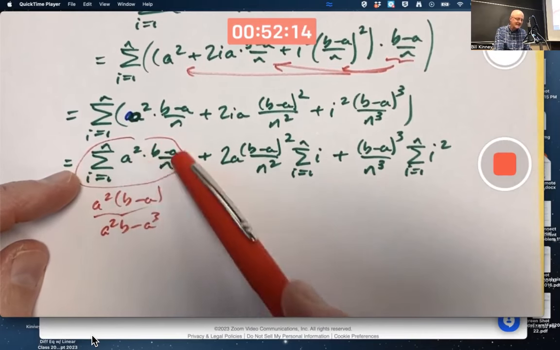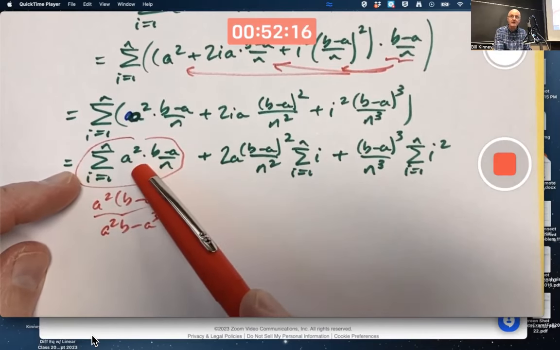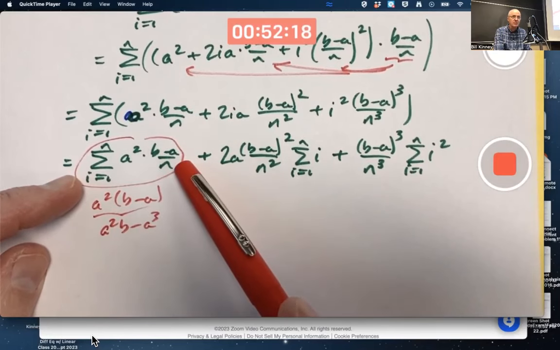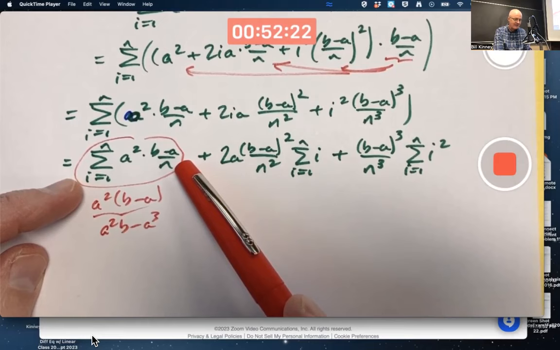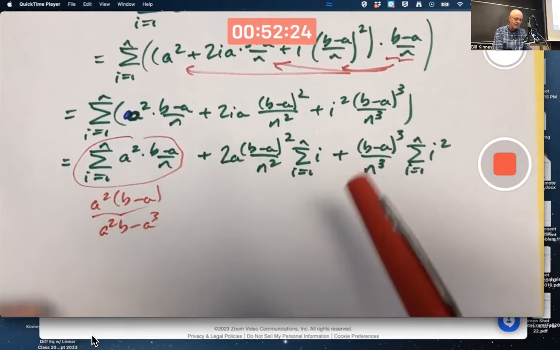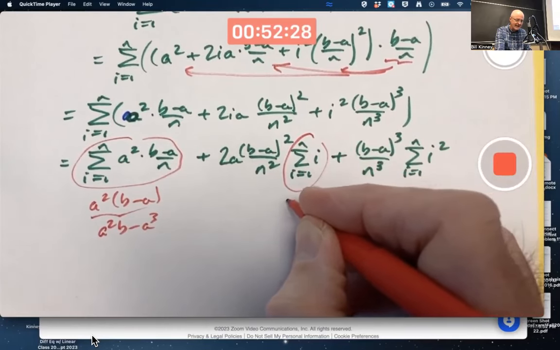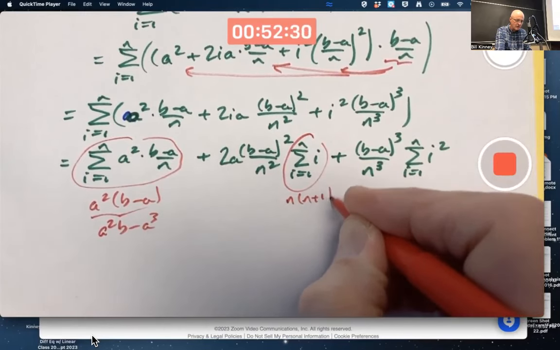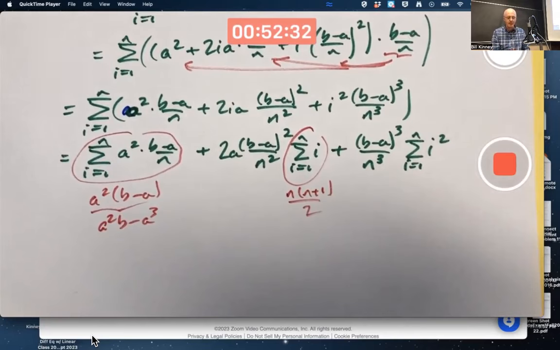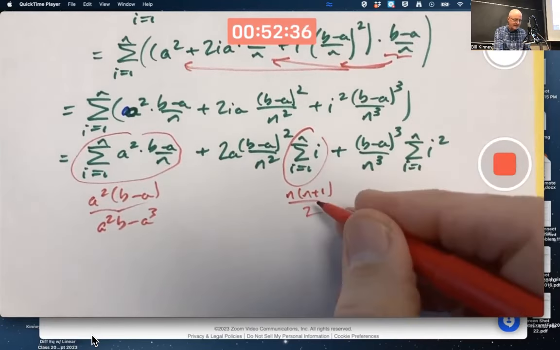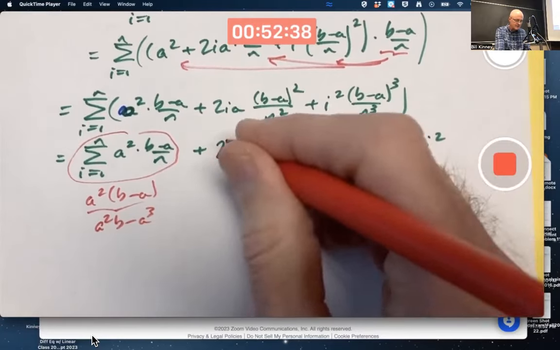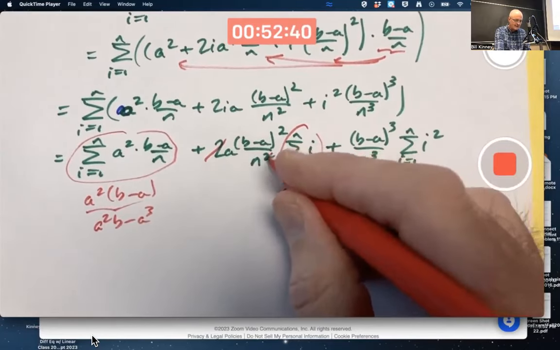You could factor the entire thing out and have a 1 there, and this whole thing there would get multiplied by n. The n's cancel is what I'm trying to say here. With this one, that gets replaced by our friend from 5-10 minutes ago, that's n times n plus 1 over 2. A little bit of happiness happens in that the 2's cancel and one n cancels.